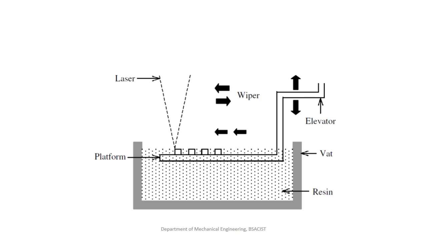There is a wiper that moves horizontally from left to right as well as along the y direction. The laser light can move according to the profile. When the laser light comes in contact with the resin, it immediately solidifies. Thus, the part is built layer after layer.